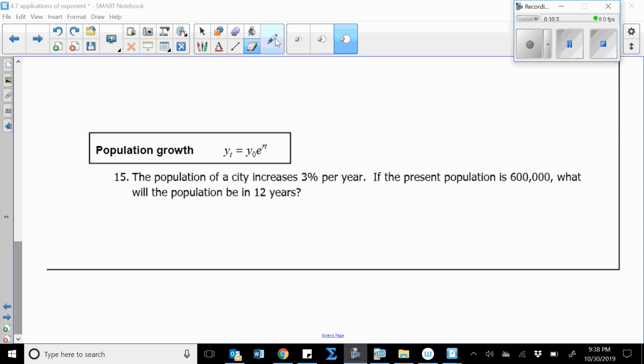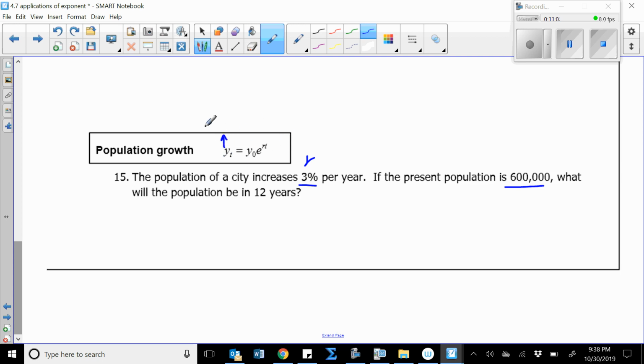Okay, so for this problem, we have the population of the city increases by 3% per year, so this is the rate. If the present population is 600,000, what will be the population in 12 years? For population, again we're going to use the same equation, exponential growth, but this time we just have different names.